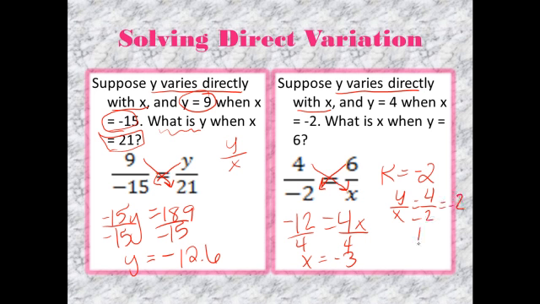And the second relation, 6 divided by negative 3, also equals negative 2. So as you can see here, the answers are y equals negative 12.6 and x equals negative 3.